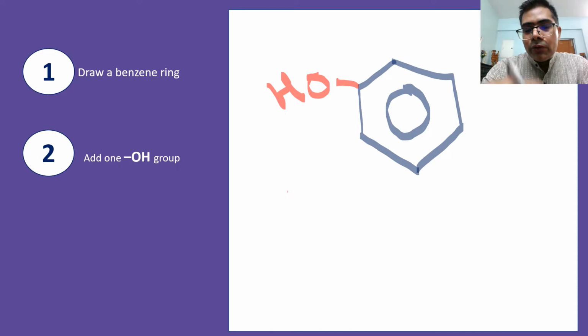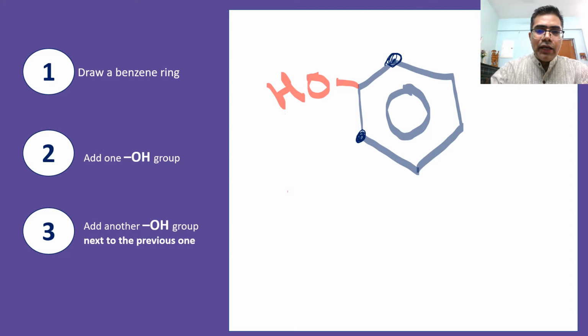Now, where we have added OH, you spot the next two positions just next to this OH group. This is one carbon next to this OH, and this is another carbon next to the carbon where OH is attached. So we have two positions just next to it. Okay, so you pick up any one position and add another OH group.